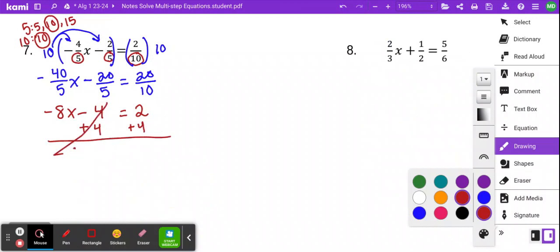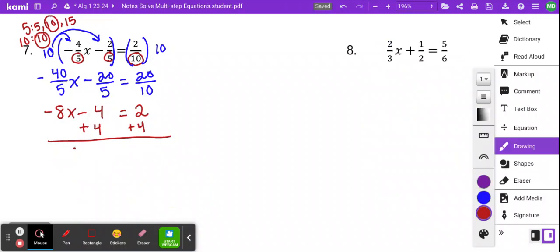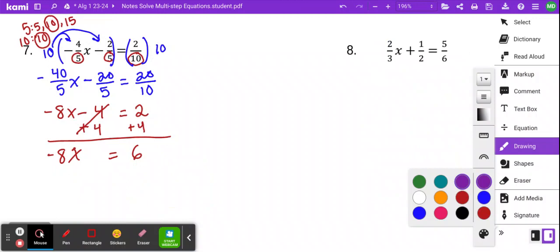Those cancel. Negative 8x, there we go, is equal to our 6. And we'll divide both sides to get x by itself. Our negative 8's go away, and we get negative 6/8.